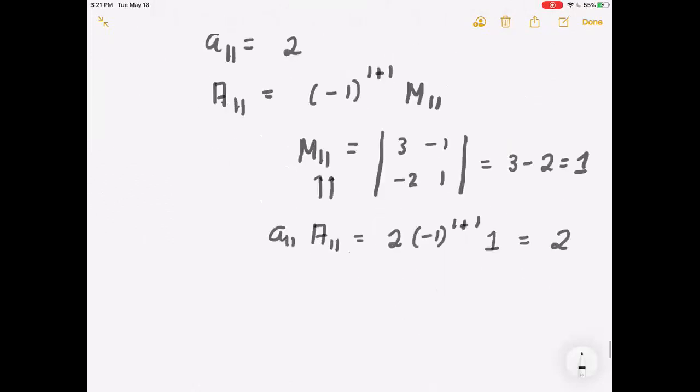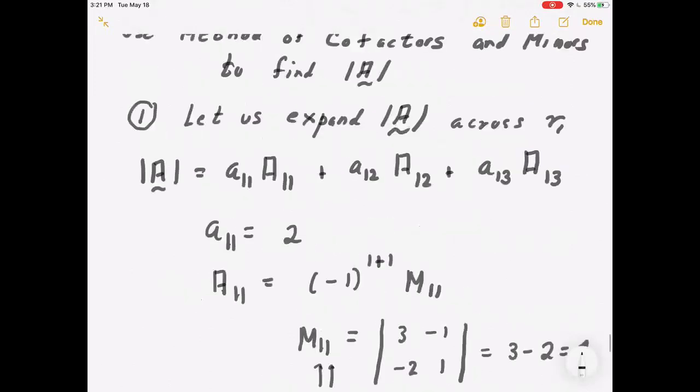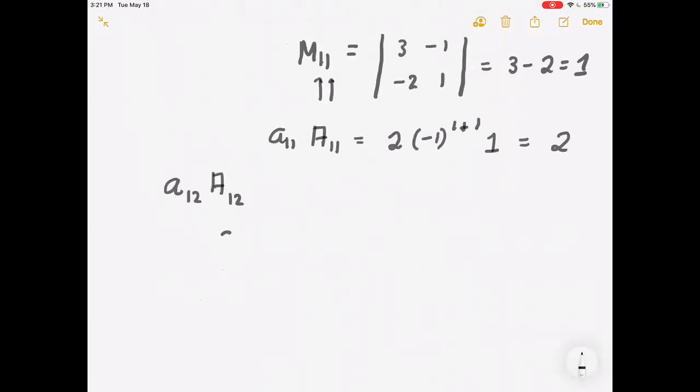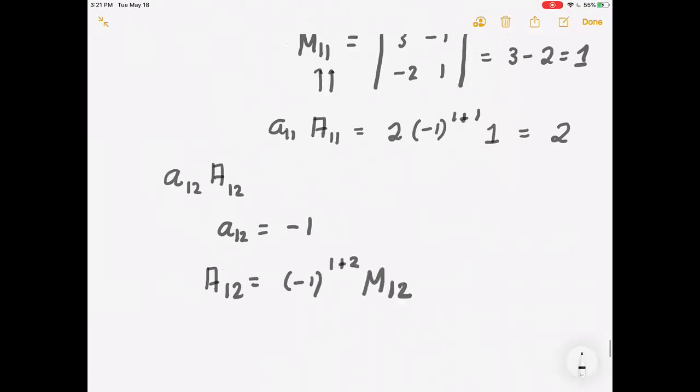What is the matrix element a sub 1,2 times the cofactor A sub 1,2? In other words, what's the second term? Same story. I need to find a sub 1,2, that matrix element. By inspection of the original coefficient matrix, it's minus 1. By definition, the cofactor A sub 1,2 is minus 1 raised to the 1 plus 2 power times the minor M sub 1,2.